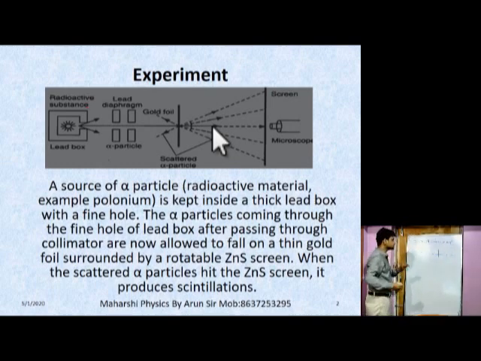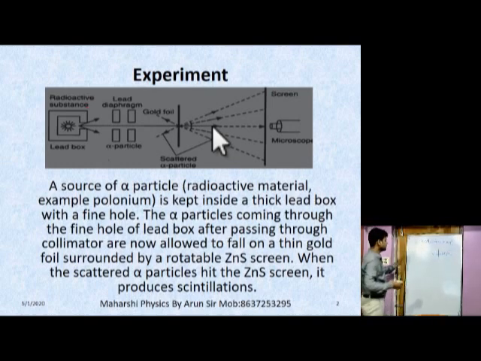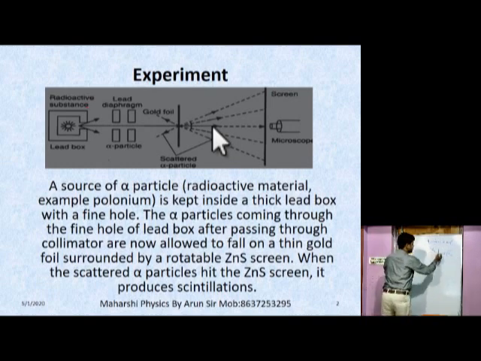Clear? Some alpha particles scattered through small angle deviation, theta less than 90 degree. Some alpha particles scattered through large angle deviation. A few alpha particles, 1 out of thousands, suffered large angle deviation, that is theta greater than 90 degree.